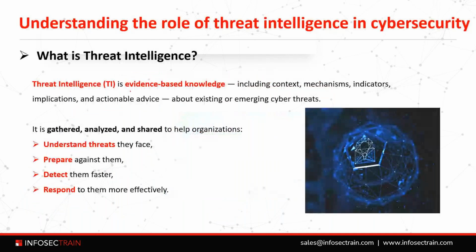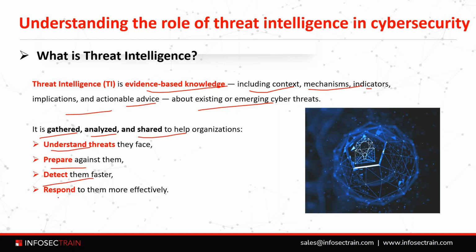Threat intelligence is evidence-based knowledge, including context, mechanisms, indicators, implications, and actionable advice about existing or emerging cyber threats. It is gathered, analyzed, and shared to help organizations understand the threats they face, prepare against them, detect them fast, and respond to them more effectively.